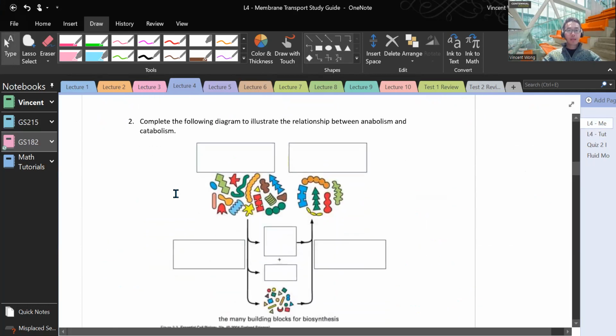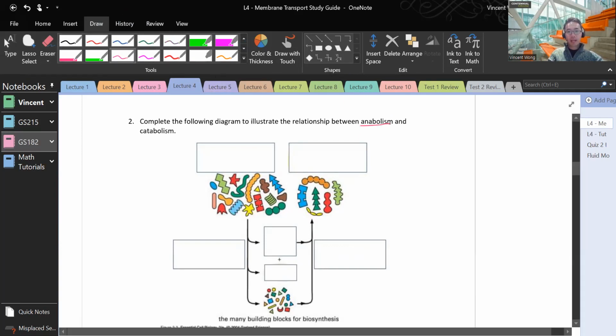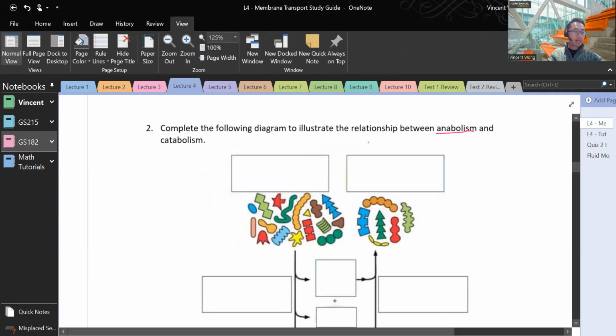All right, next page. Complete the following diagram to illustrate the relationship between anabolism and catabolism. So just a quick summary here, quick definition for anabolism and catabolism.